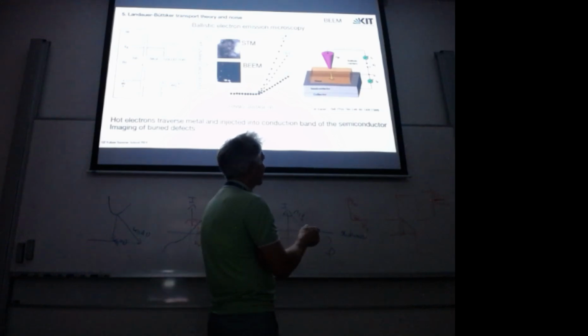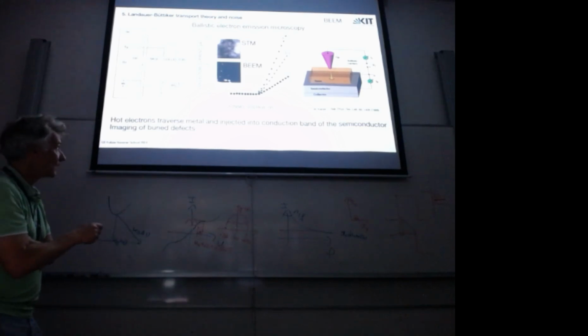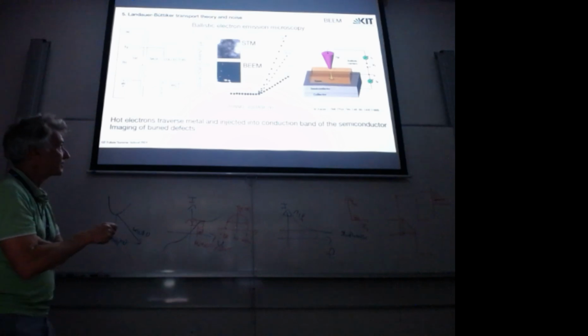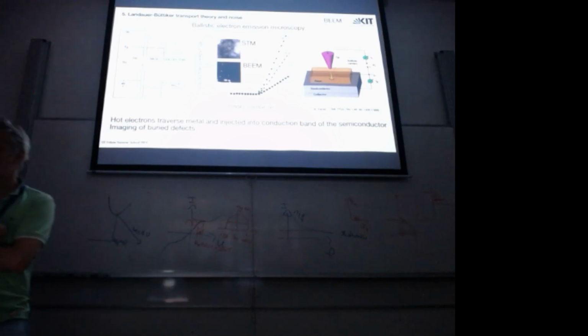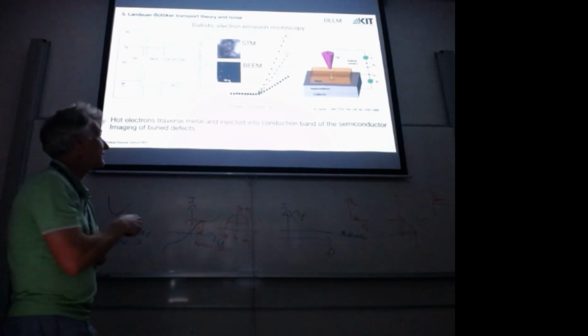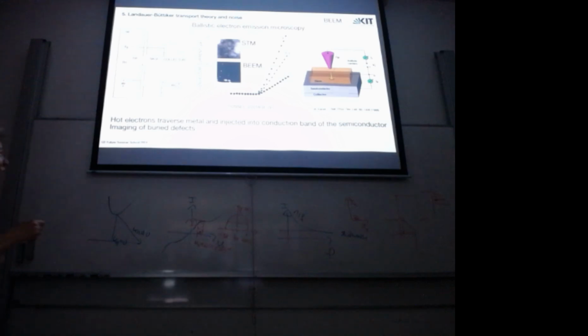We take the total current here, this is the ground, and this is the collector current. And indeed, if you ramp up the voltage, nothing enters the collector until you reach the height of this barrier, and then part of the current goes ballistically through. So it's a three-terminal device now, and we have split the current into two paths. One is a high energy path, the other one is a low energy path.